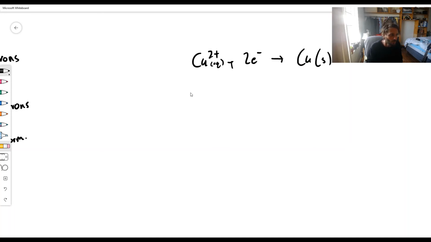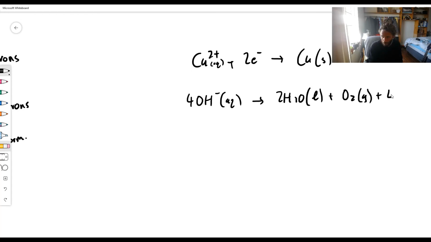Then we're going to have 4 OH minus, which is aqueous, which is going to form 2 H2O plus the oxygen gas plus 4 electrons. This is the reduction, and this is the oxidation.